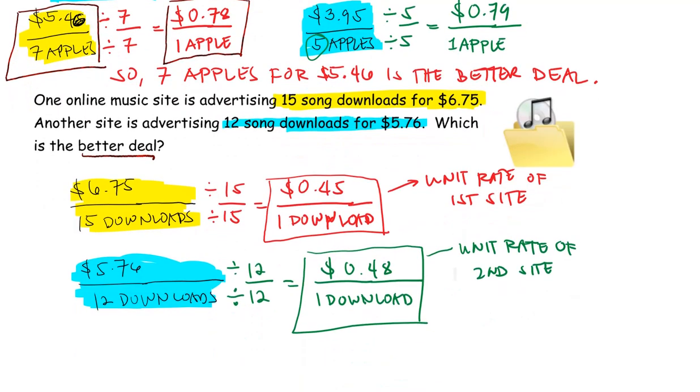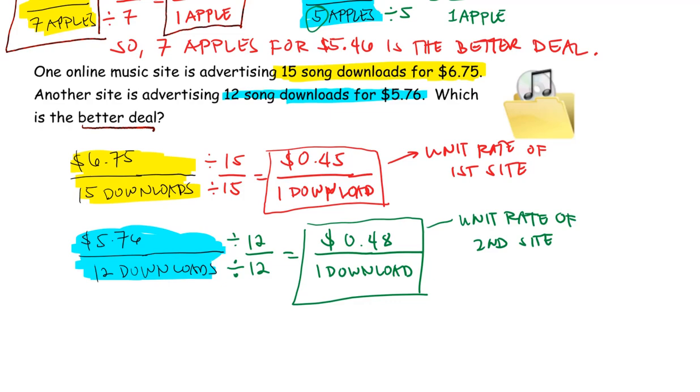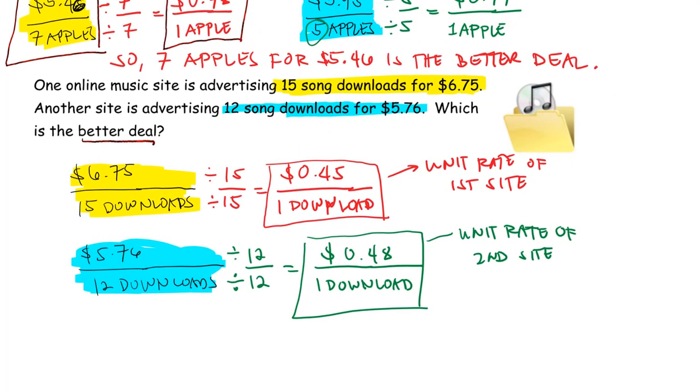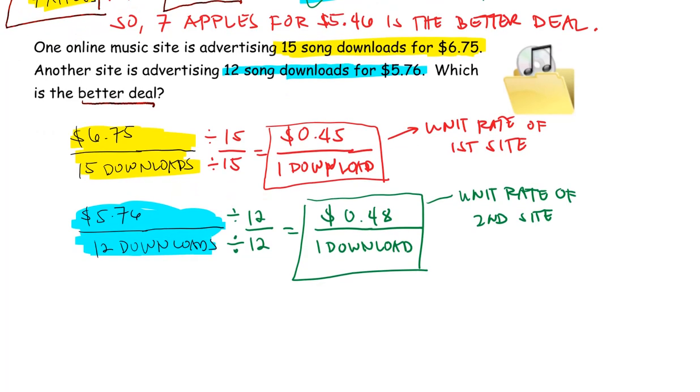So now you have the basis for your answer. So if you're gonna compare, one download for the first site only costs you $0.45. The other site will cost you $0.48.